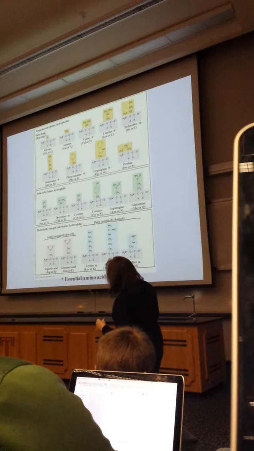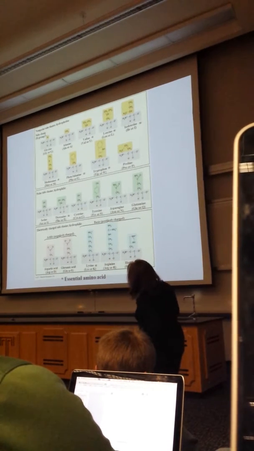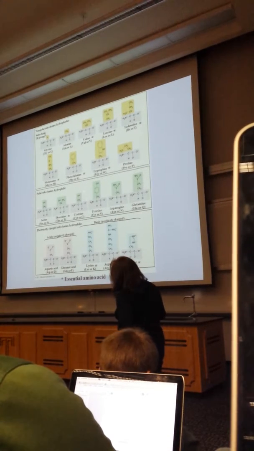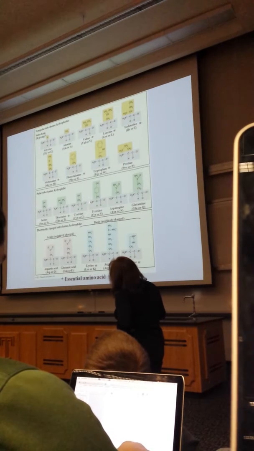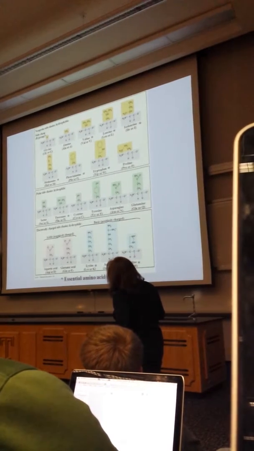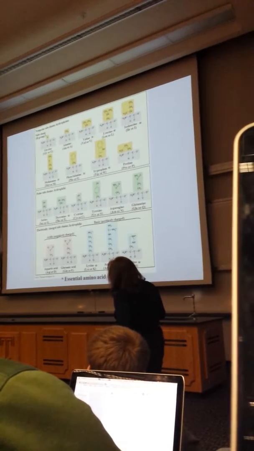Okay, now we're looking at not the hydrophobic, but some hydrophilic R groups. They're hydrophilic because, again, they can form hydrogen bonds with the surrounding aqueous environment. The exception is cysteine. Cysteine is considered hydrophilic, although it doesn't really form hydrogen bonds, because you're looking at a sulfhydryl, shown here.